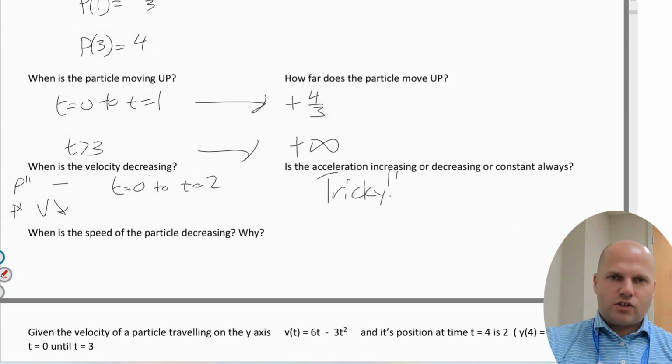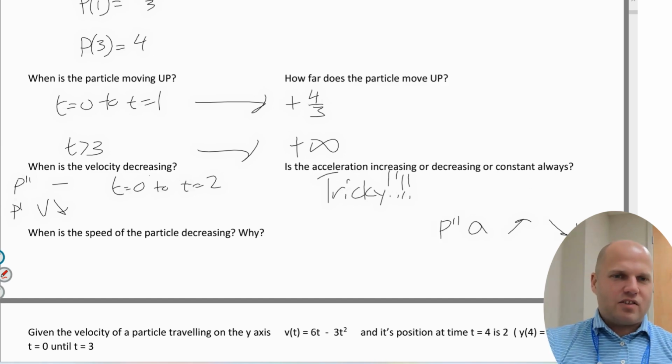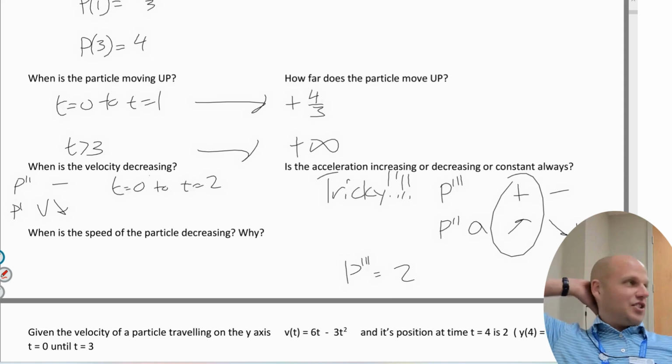Why is it tricky? I need to figure out whether my acceleration is increasing or decreasing. That's when my second derivative is increasing or decreasing. That's when my third derivative is positive or negative. My third derivative is 2. My third derivative is positive. My acceleration is increasing always.